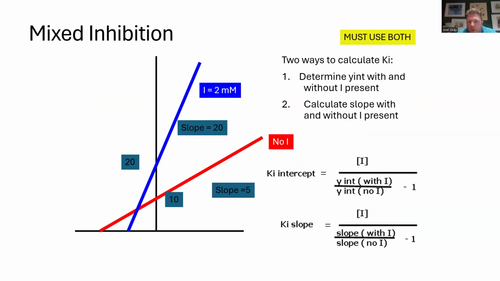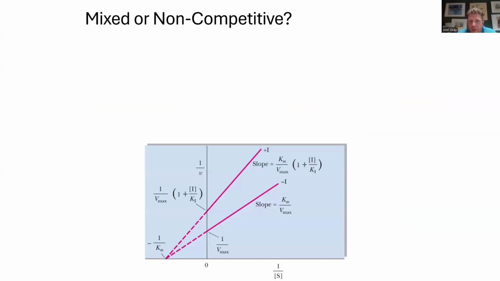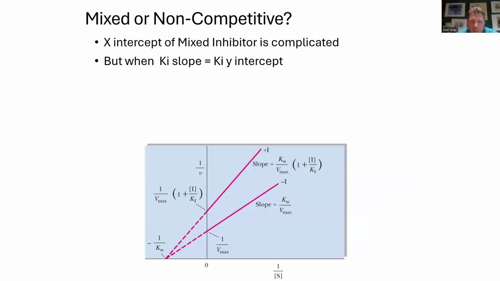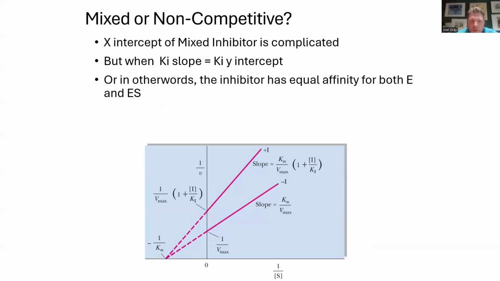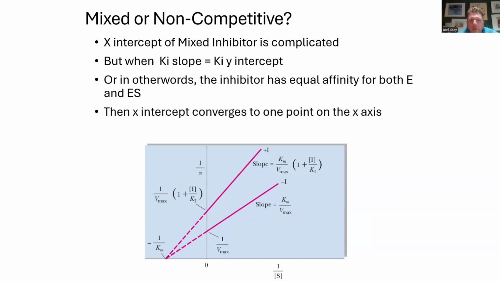When it comes to determining what type of inhibition you're looking at, you need to ask the question, what's changing? Is my Vmax changing, or my Km, or are both of them changing? Is only one of them changing? The x-intercept of a mixed inhibitor is fairly complicated, but when the Ki of the slope is equal to the Ki of your y-intercept, or in other words, the inhibitor has equal affinity for both the E and the ES complex, then the x-intercept converges at one point on the x-axis. This is known as purely non-competitive inhibition, which is what we looked at first.